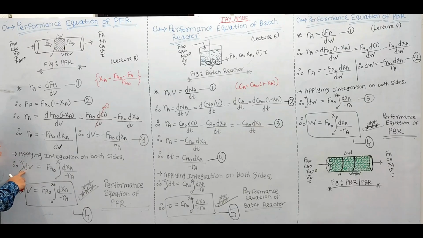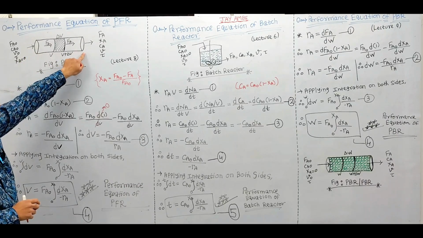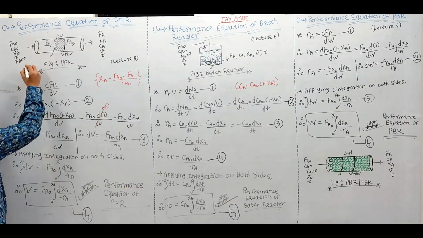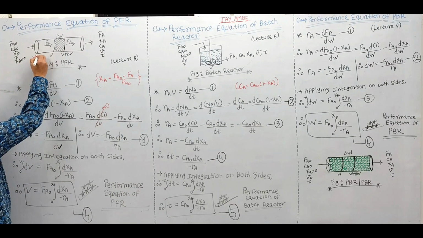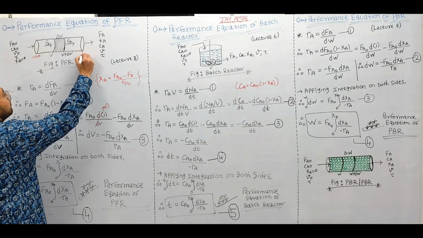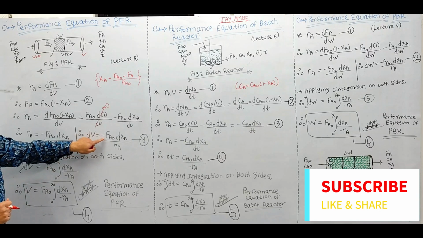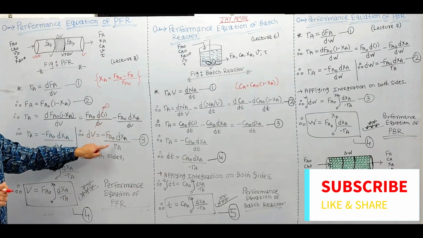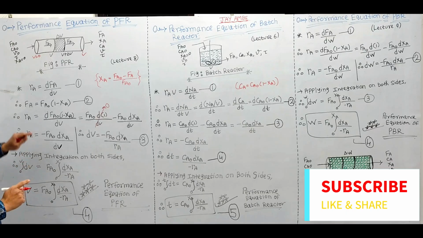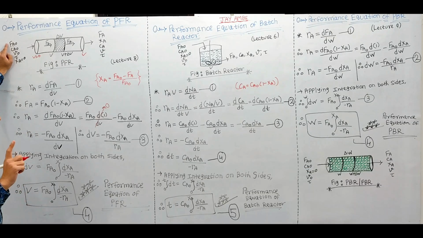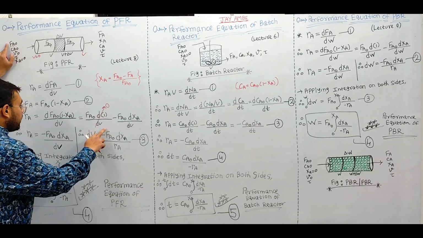So integration of dV from limits 0 to V, from the initial limit V is equal to 0 to the entire volume V. Okay, I hope you have understood. So integration from 0 to V of dV is equal to FA naught. We are taking FA naught out of the integration because the initial molar flow rate is constant, right?